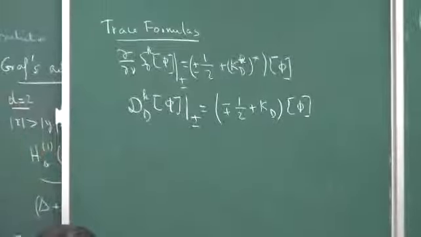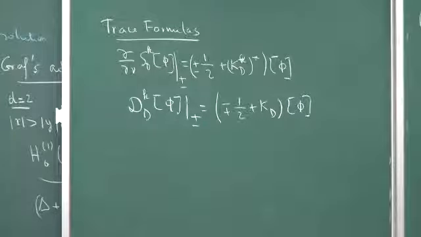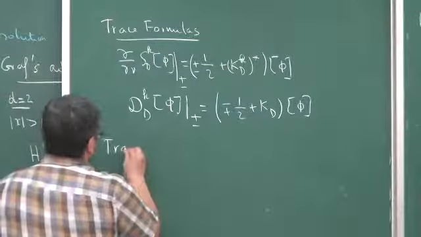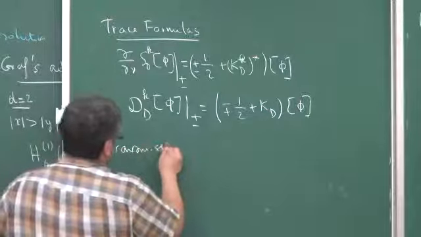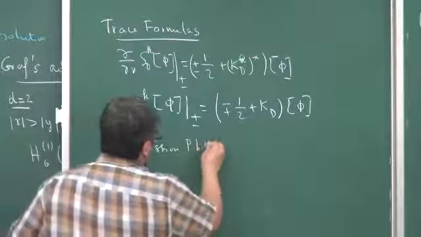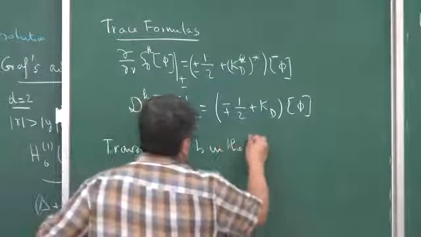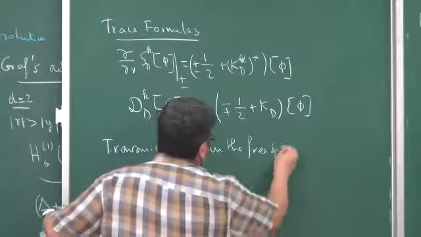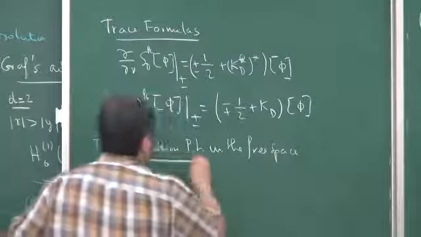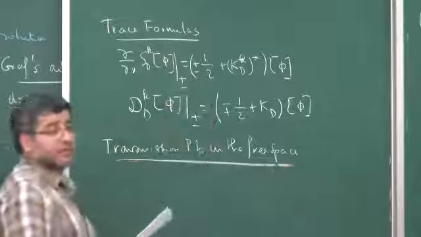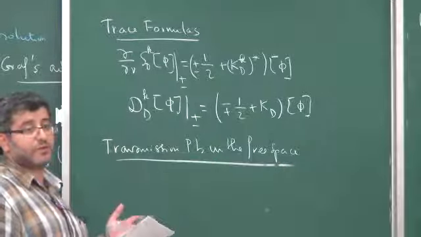Now we would like to write a representation formula for the solution to the transmission problem. Let me start with the transmission problem in the full space, because it is easier, like this morning when we started with the transmission problem for the free space.